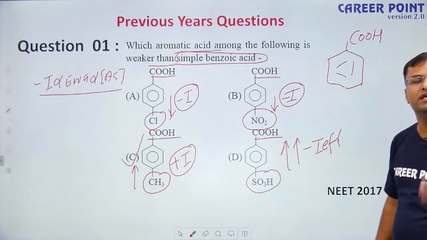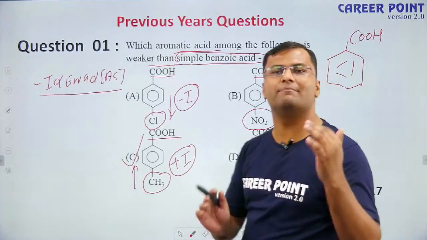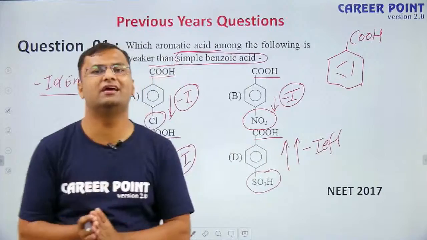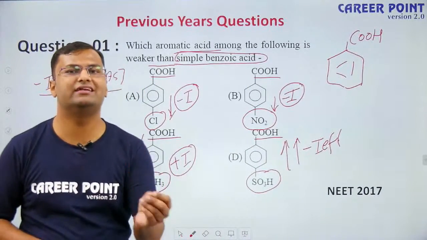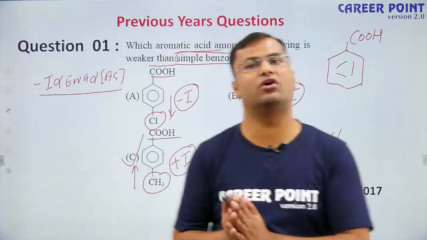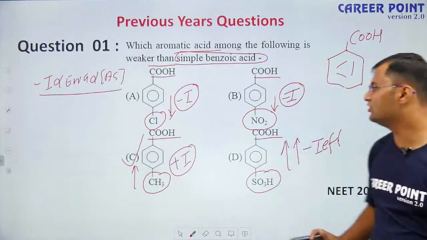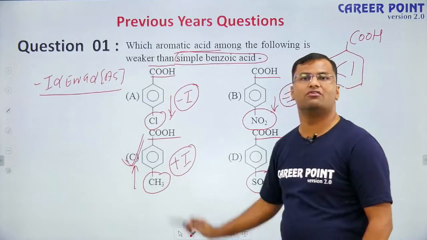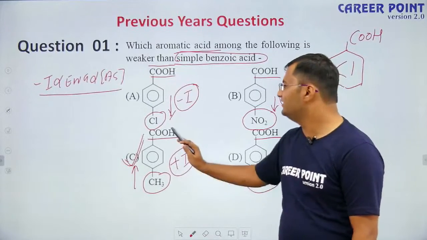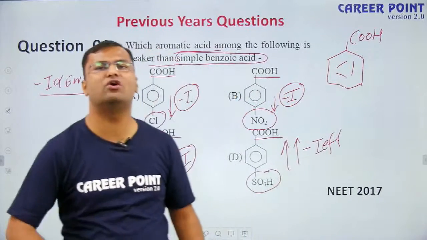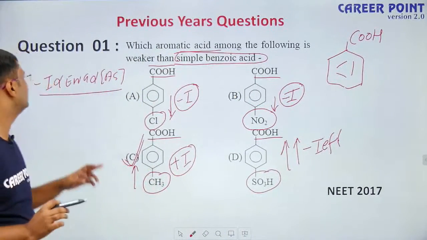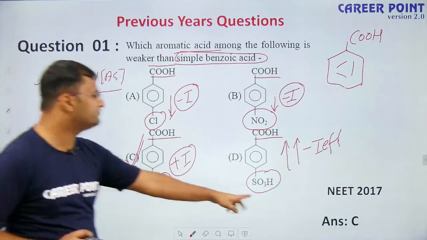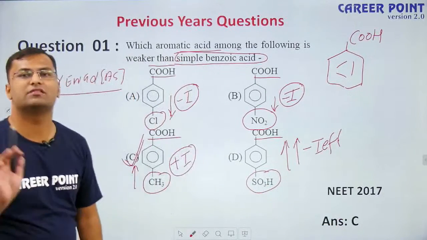Simple. These types of questions will be asked, comparing different compounds. So we have to find out the acidity or basicity order. Among all the options, option C is correct for this question. You have to find out which is a weaker acid than benzoic acid. So the correct answer to this question is option C.